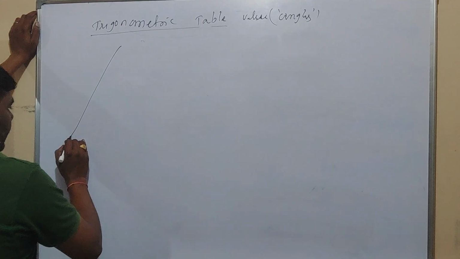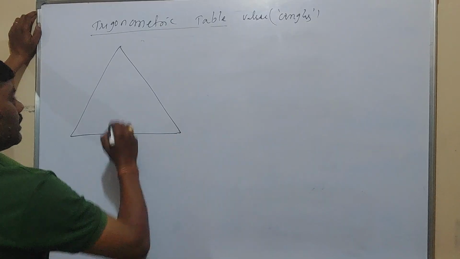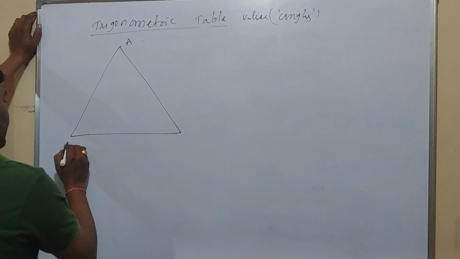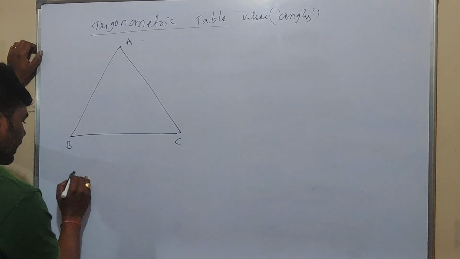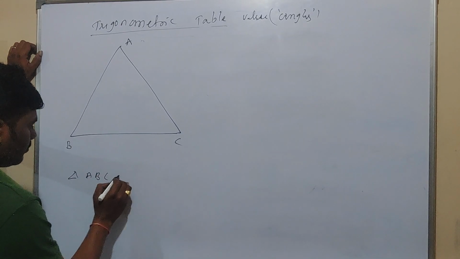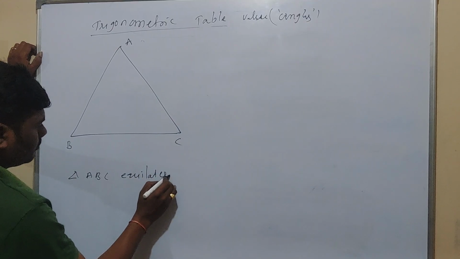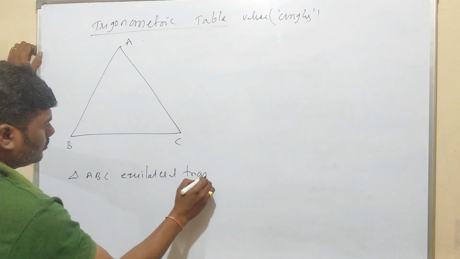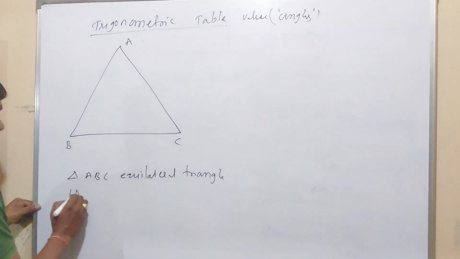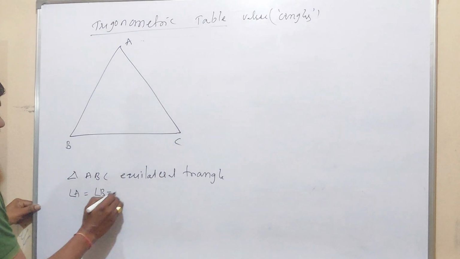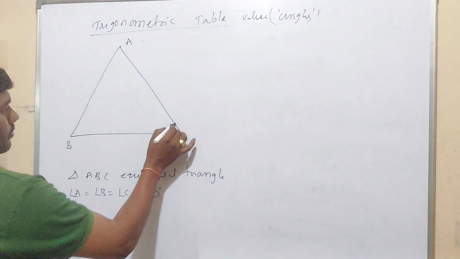Draw one right angle triangle and one equilateral triangle. A, B, C means triangle ABC, an equilateral triangle. Angle A equals angle B equals angle C equals 60 degrees.